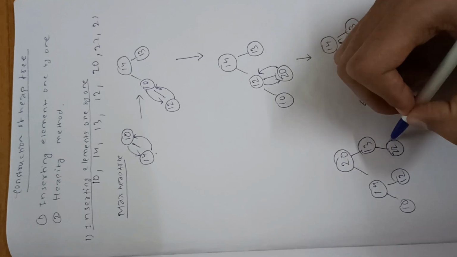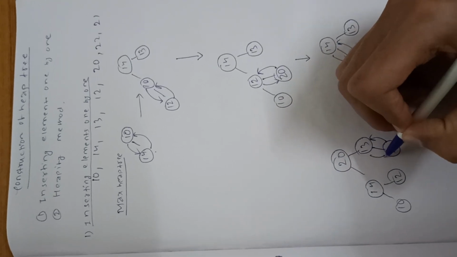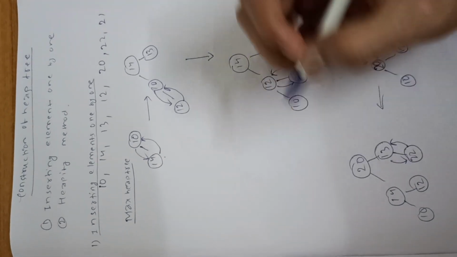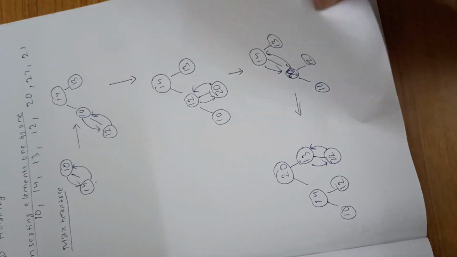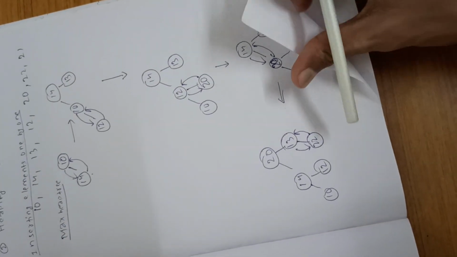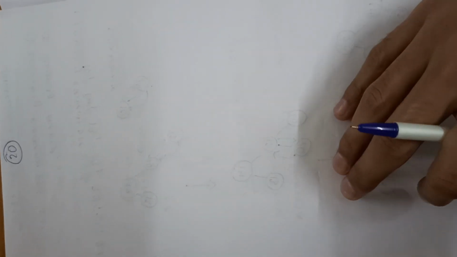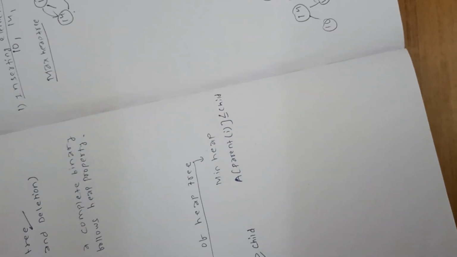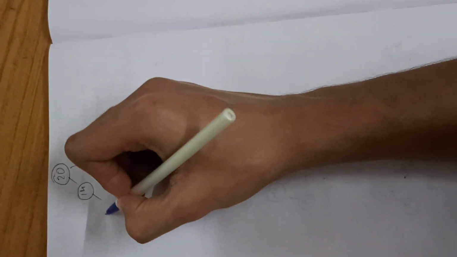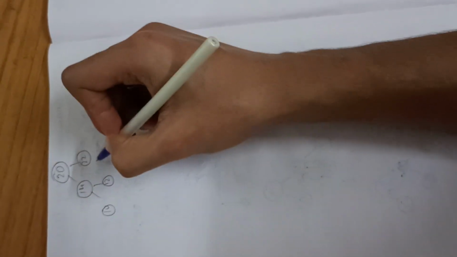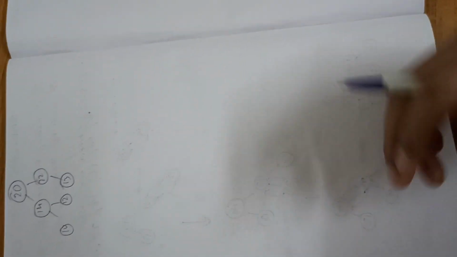Does it follow the maximum heap property? No. So we are going to exchange it. After exchanging, 20, 14, 22, 10, 12, 13, and our last element is 21.